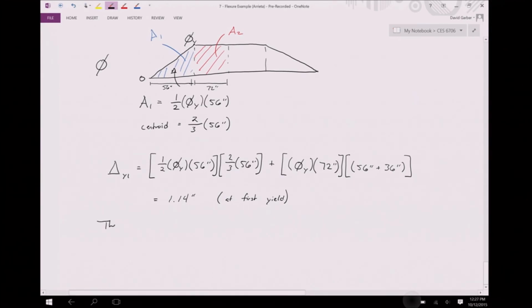So the additional deflection will be a result of any additional plastic hinge capacity of the section.